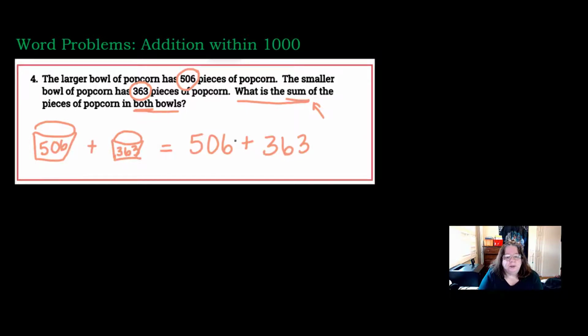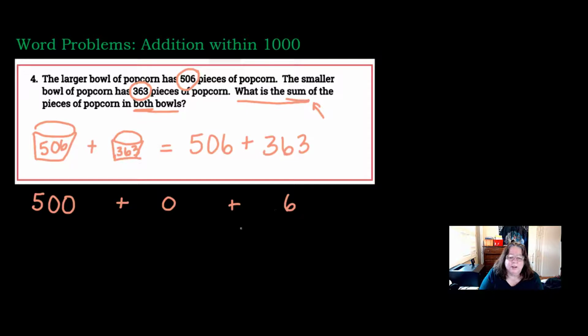So to do the expanded form, which is also called place value strategy, we decompose this number, 506. 500s, there's 0 10s, there's 6 1s.